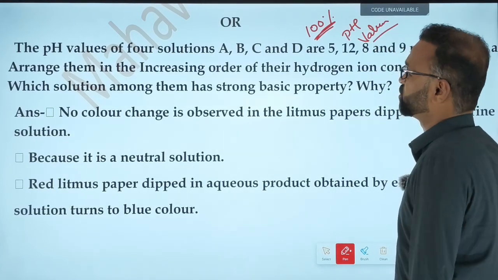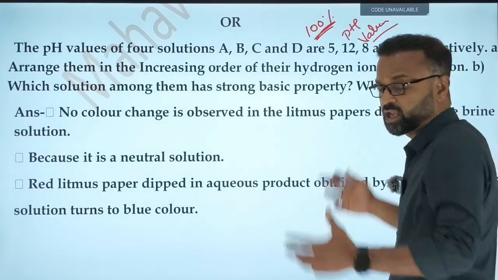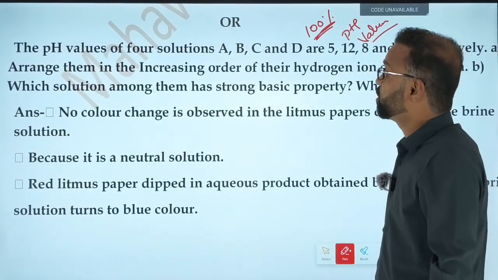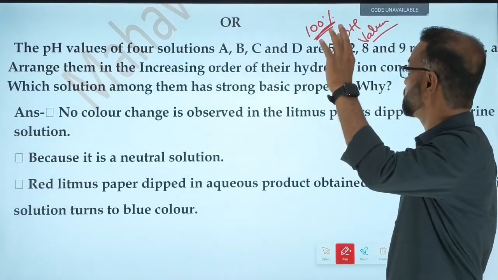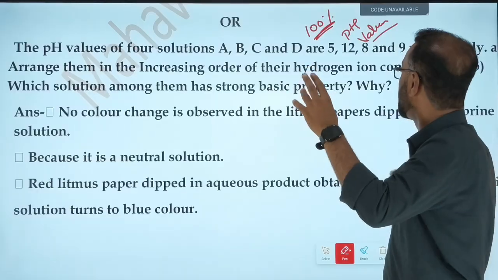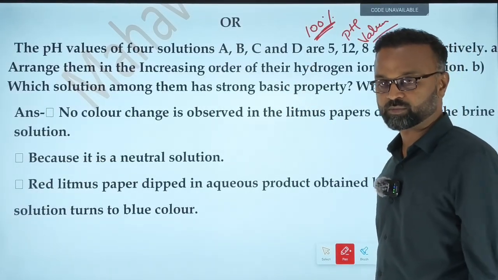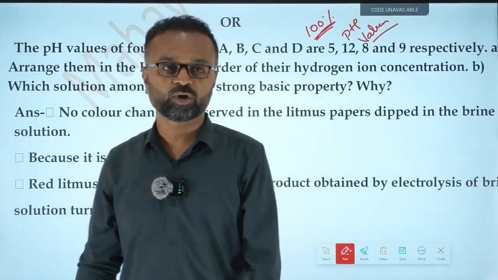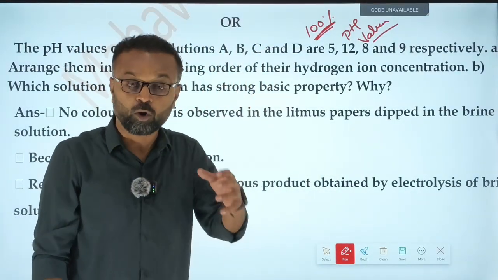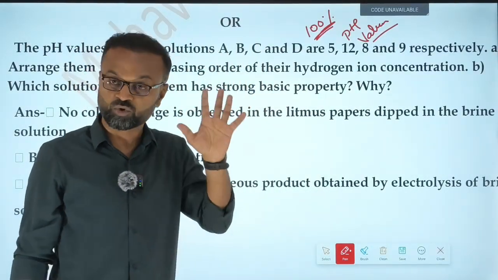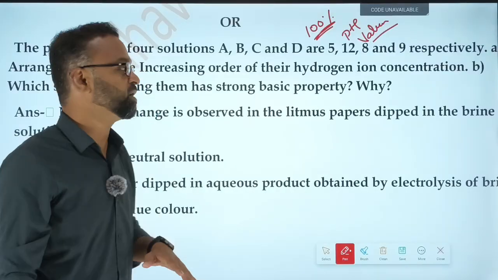They are very simple. Some students just see the question and they panic. Oh, what is this? pH values of 4 solutions A, B, C, D: 5, 12, 8, 9. What is this? They are very simple. They are just giving the pH values of 4 different solutions, and they have already given the name for each solution. You should consider that name only, PQRS.